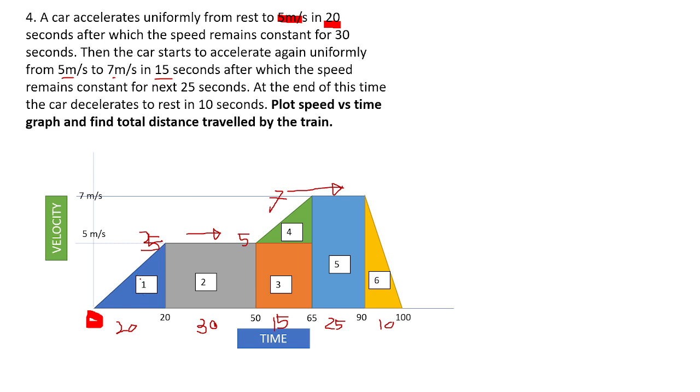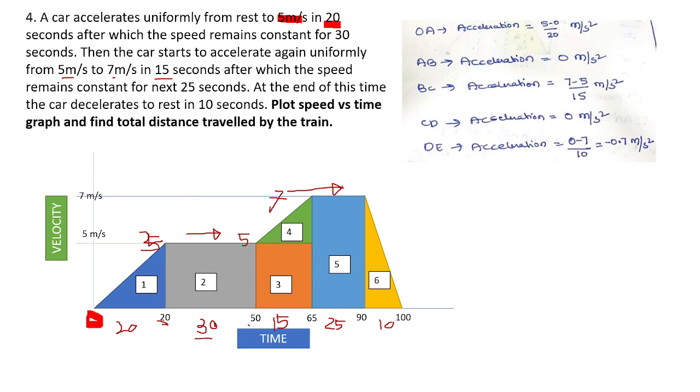Obviously, the area here is the distance. You compute area 1, the distance from 0 to 20 seconds. You compute area 2, the distance from 20 to 50 seconds, which is a total time of 30 seconds, and so on. So let us compute the acceleration from O to, let us say, A. Acceleration is the final velocity, which is 5, minus the initial velocity, which is 0, over the time consumed, which is 20.